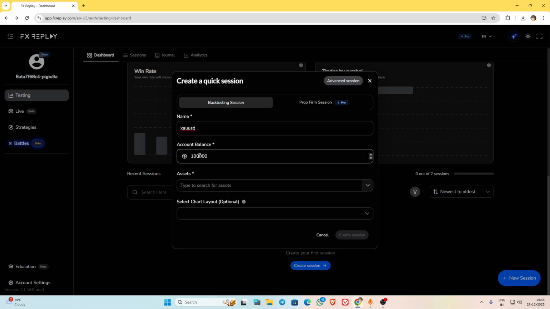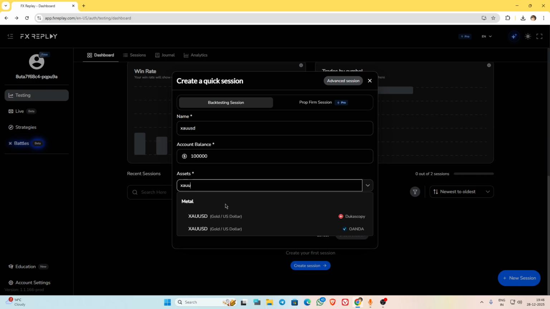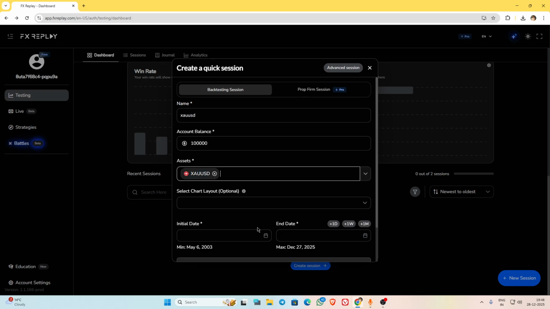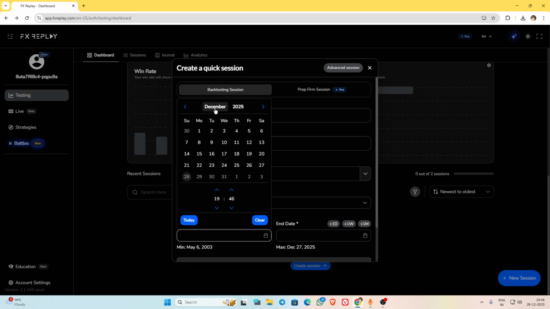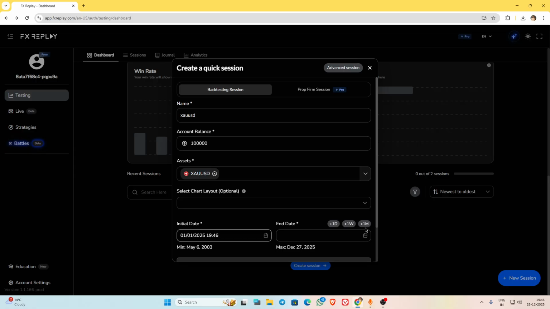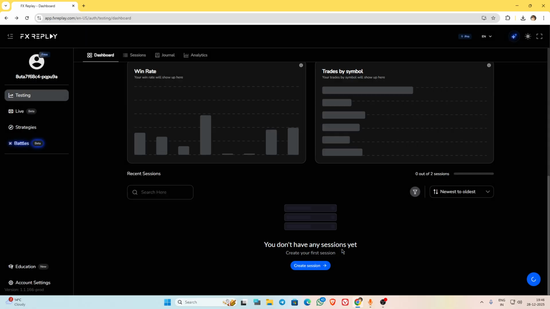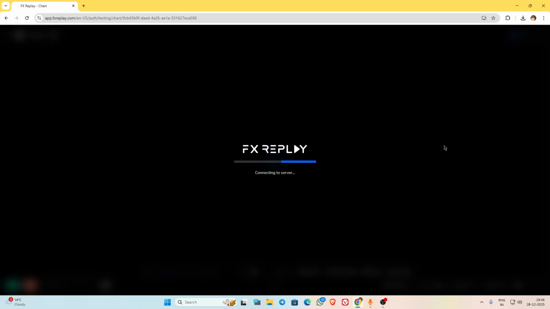We are going to start with 100k and let's add gold. We will backtest Jan 2025. Let's see how much we can make.